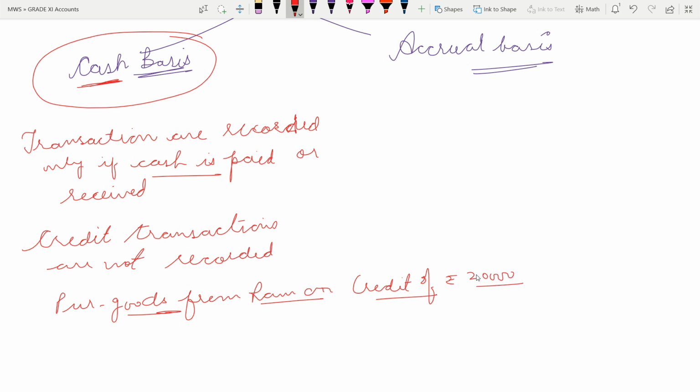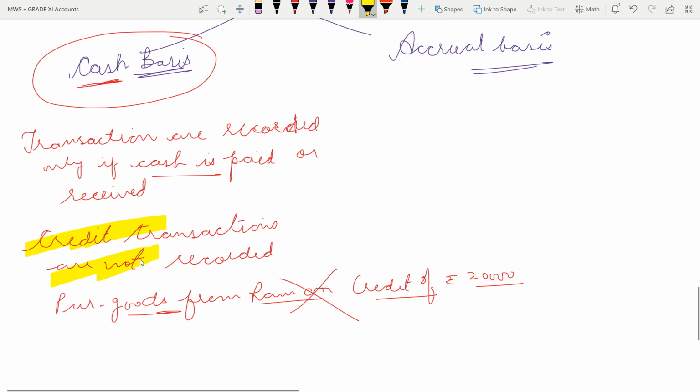It means you have not paid 20,000 rupees, but you have purchased the goods. So we are not going to record this transaction because it does not involve cash transaction. That's why we are not going to record this kind of transaction. So there is no place for credit transaction.